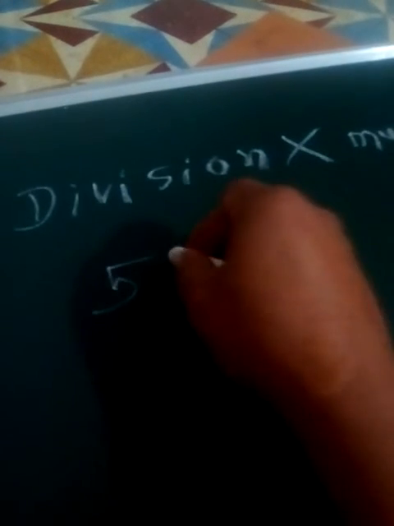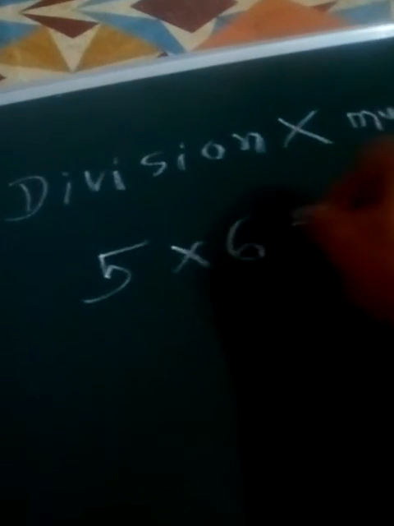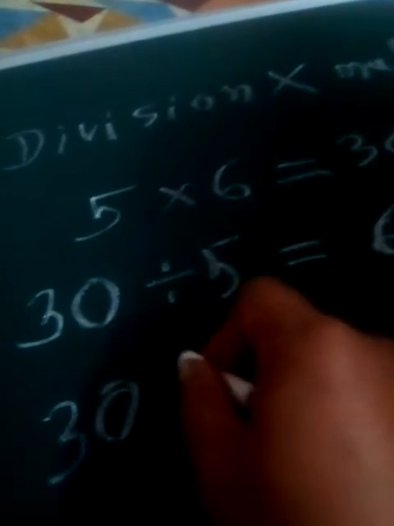So, Ketki, what is 5 multiplied by 6? 30. Good. If I take this 30 and divide it by 5, what do you get? 6. And if I divide 30 by 6, what do we get? 5.